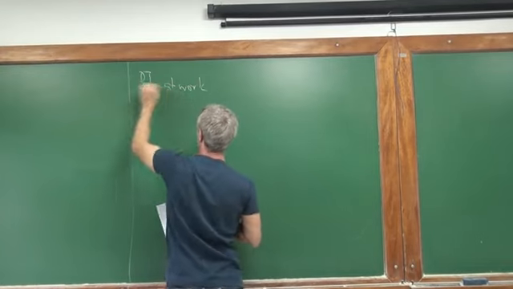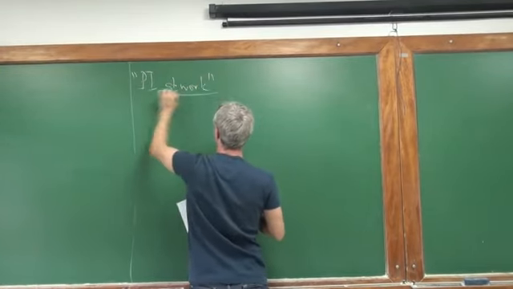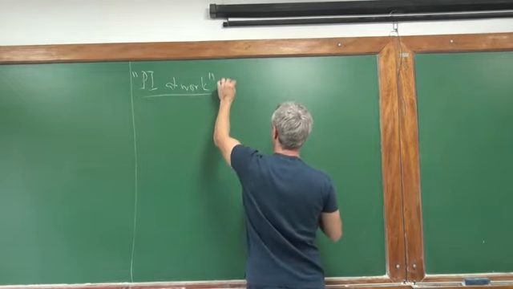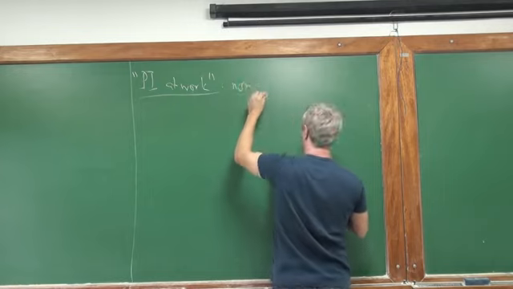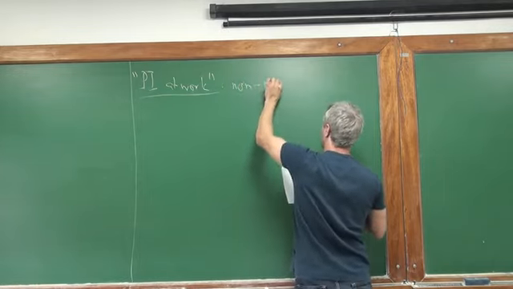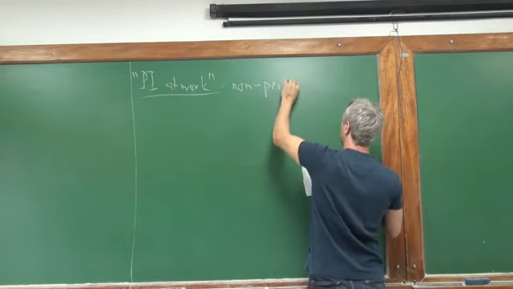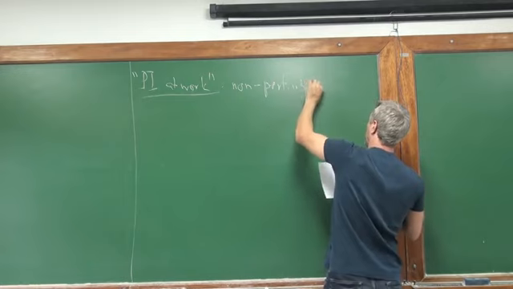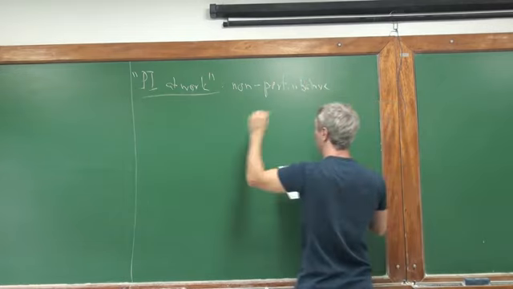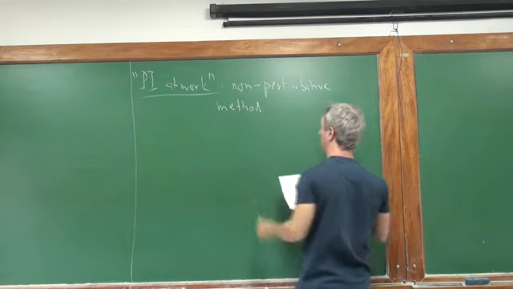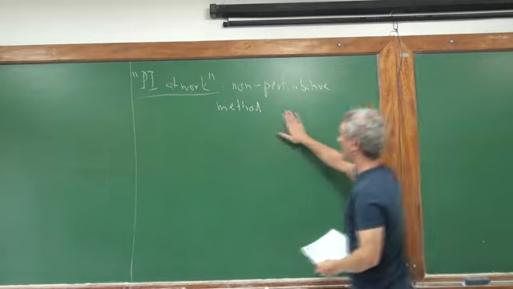Okay, so far we have had rather simple examples: free particle, harmonic oscillator. Now we are going to do something more elaborate, which is an introduction to non-perturbative methods, or one non-perturbative method, which is related to what we did last time.